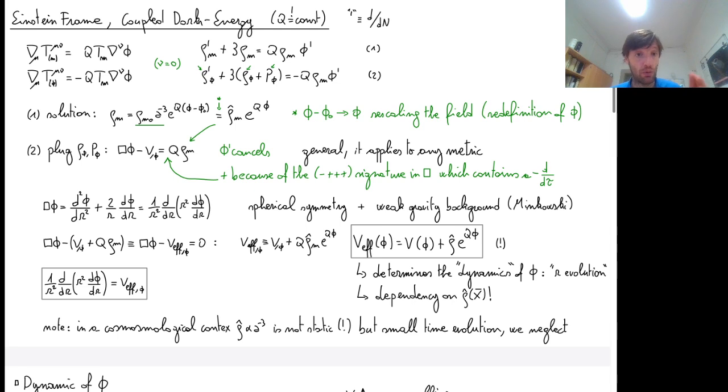Now I want to look for the equation of motion, given the existence of this coupling term. To do that we look for the continuity equation, if you wish, the Klein-Gordon equation, found by setting nu equal to 0. So that's this expression with nu equal to 0, and the two expressions read like that. This is for matter and this is for the field phi.